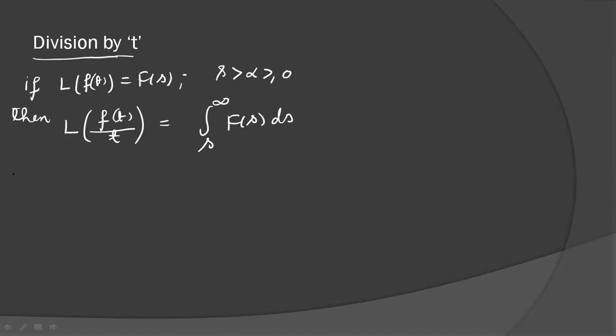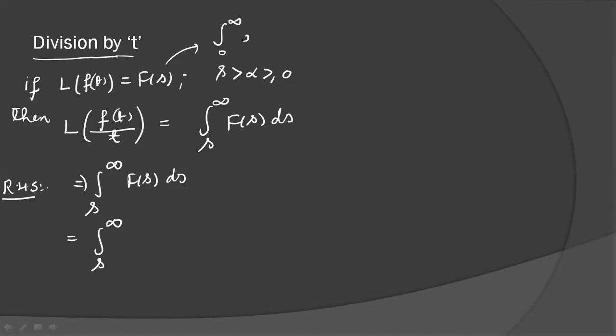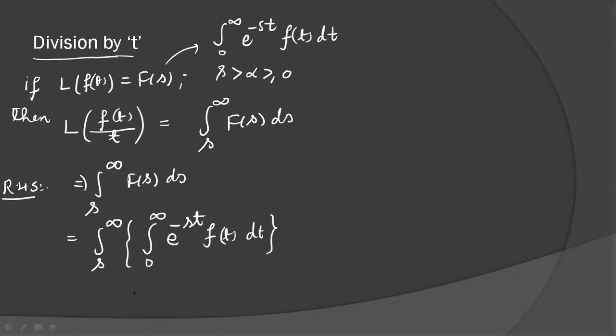I am going to prove it. Take the RHS. What is the RHS? Integral from s to infinity of F(s) ds. Now put the value of F(s). What is F(s) here? F(s) is the integral from 0 to infinity of e to the power minus st f(t) dt. So put this value here. You will get the integral from 0 to infinity of e to the power minus st f(t) dt. Now the outside function is ds.